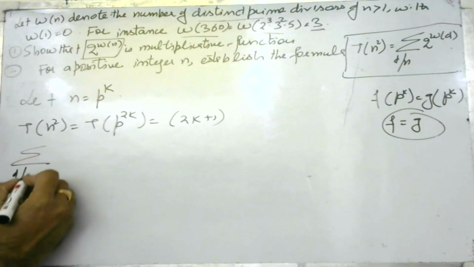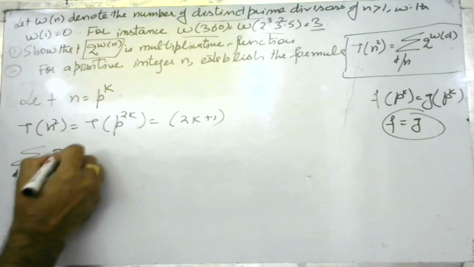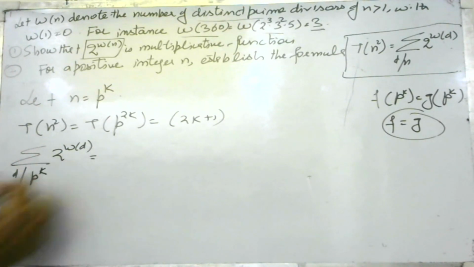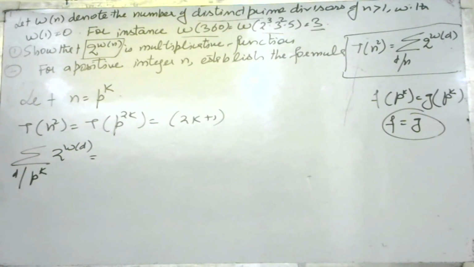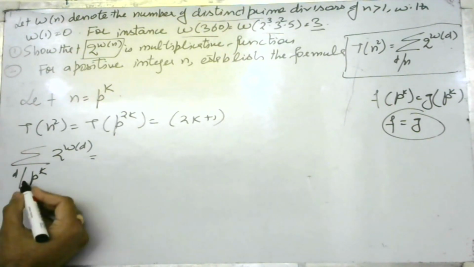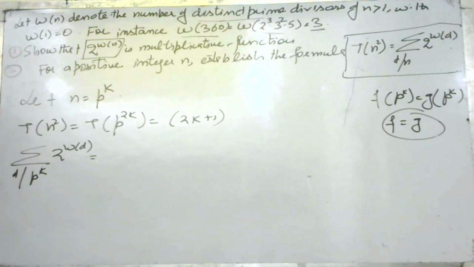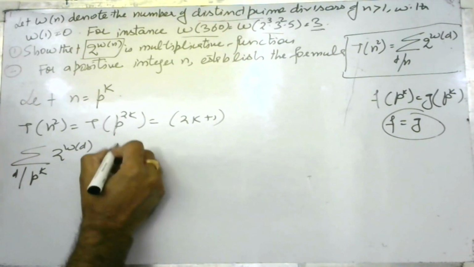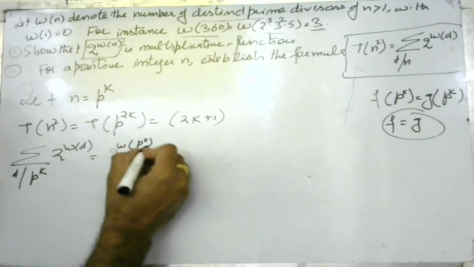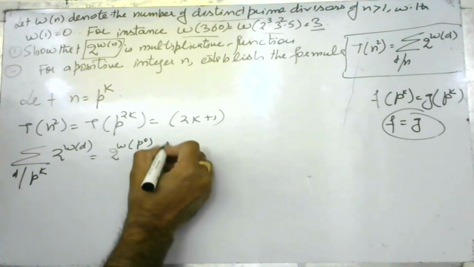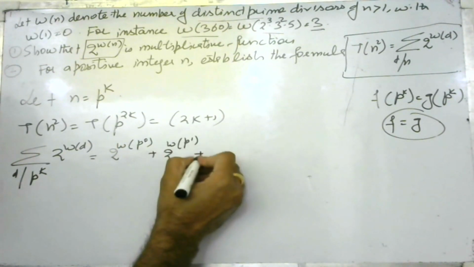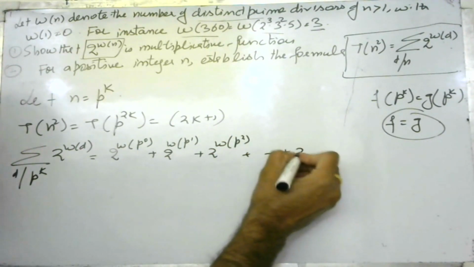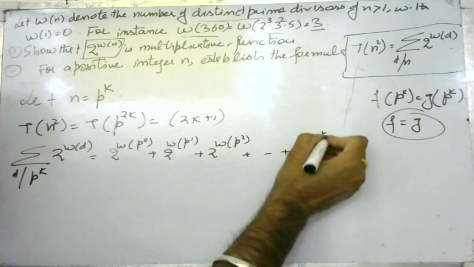The sum over d dividing p power k of 2 power w(d). And how many positive divisors are there for this p power k? We all know the divisors are from 1 to p power k. So let us open this summation. Let it be 2 power w(p power 0) plus 2 power w(p power 1) plus 2 power w(p power 2) up to 2 power w(p power k).